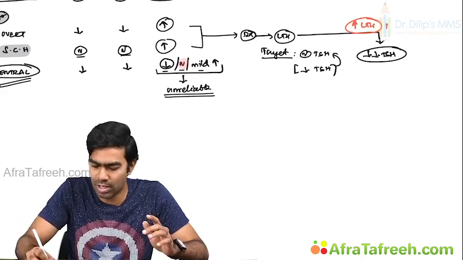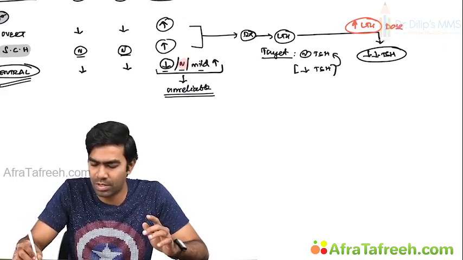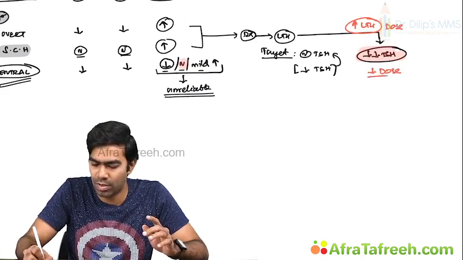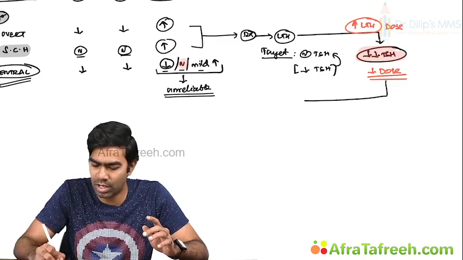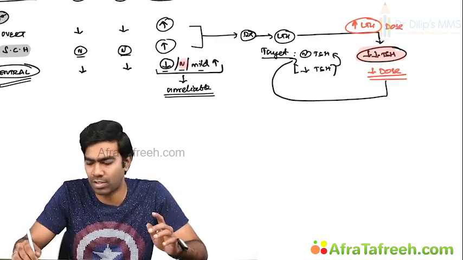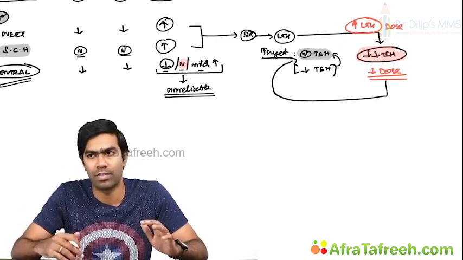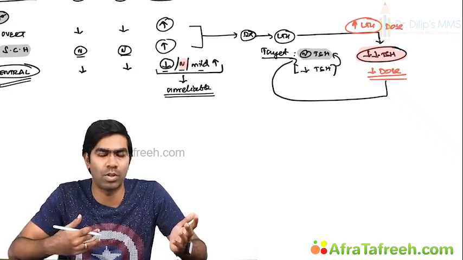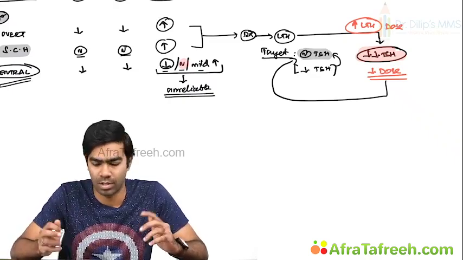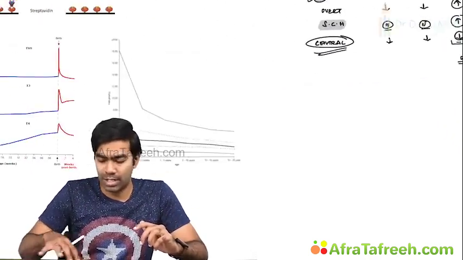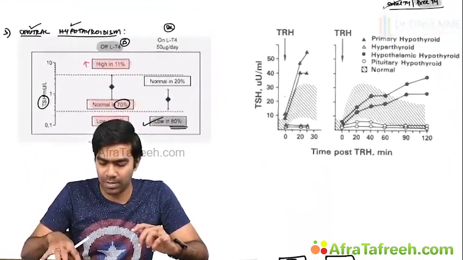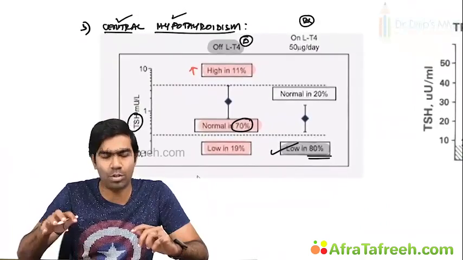So if you observe this pattern, you are trying to reduce the dose of levothyroxine so that once again you can normalize the TSH. The idea is to keep the TSH in the normal range. Dose has to be titrated accordingly. If you give a higher dose, TSH will go below the normal range. Clear? So these are the major concerns here in a patient with a secondary or a central hypothyroidism.